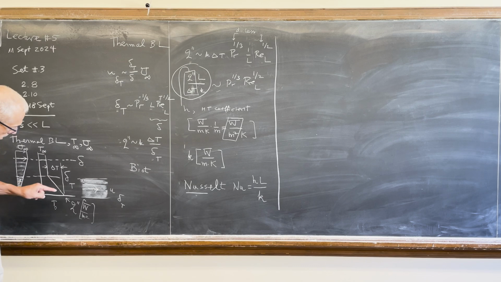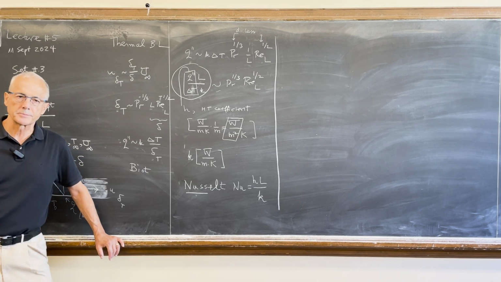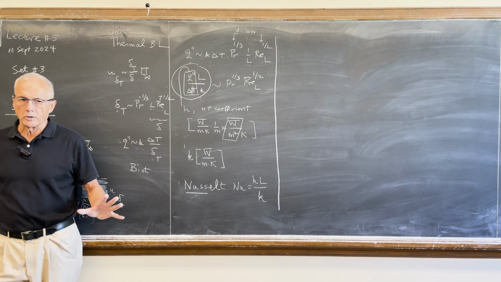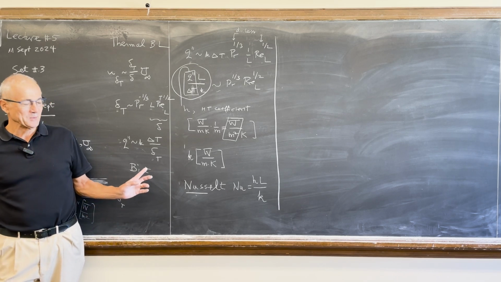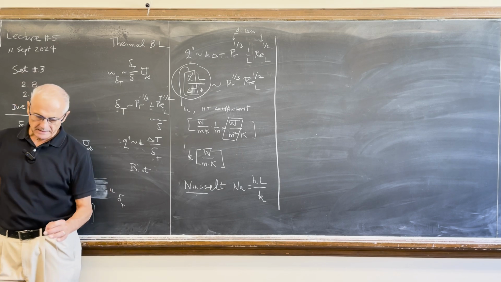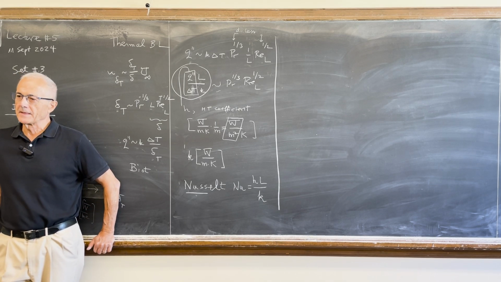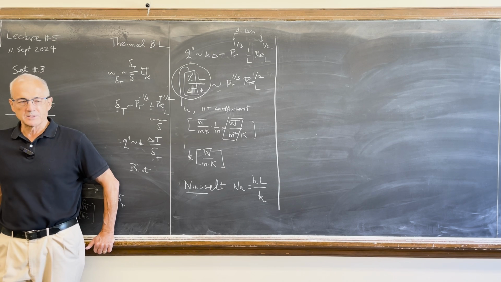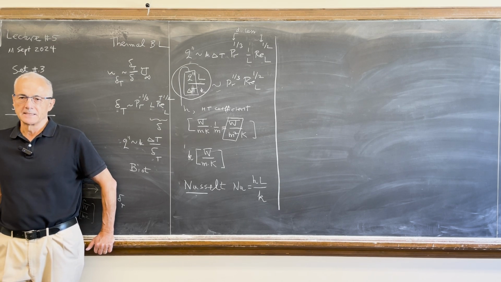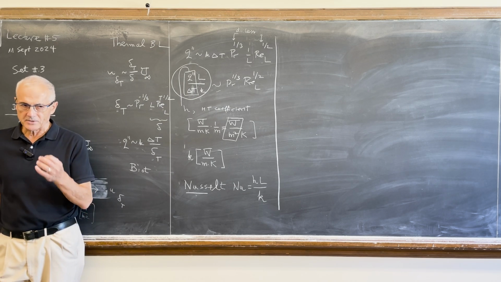And it is right at the wall that I invoke the Fourier relationship, the Biot relationship, between heat flux and temperature difference. Right at the wall, in that extra thin layer, the slender layer. Get it? And it is not a trick. It is the way things are.